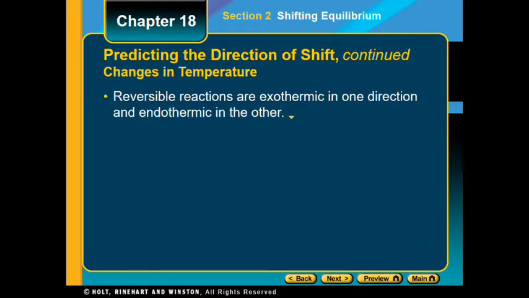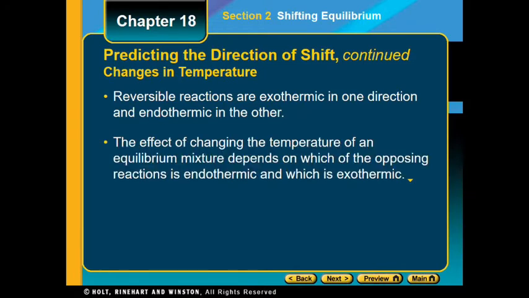Reversible reactions are exothermic in one direction and endothermic in the other, and that could be either way. So the effect of change in the temperature of an equilibrium mixture depends on which of the opposing reactions is endothermic and which is exothermic. So you need to know which direction is endothermic, which direction is exothermic, and then we'll look at the changes.